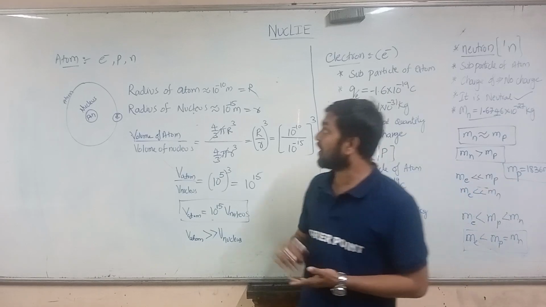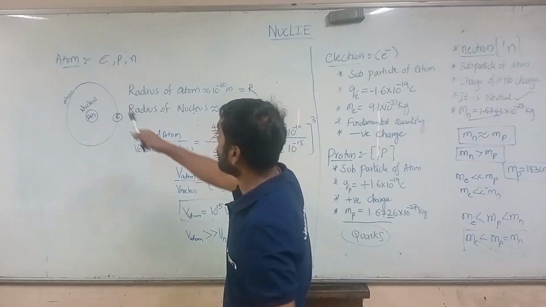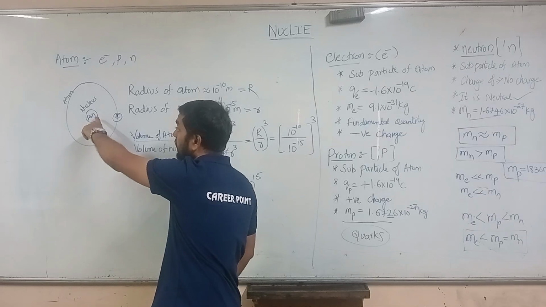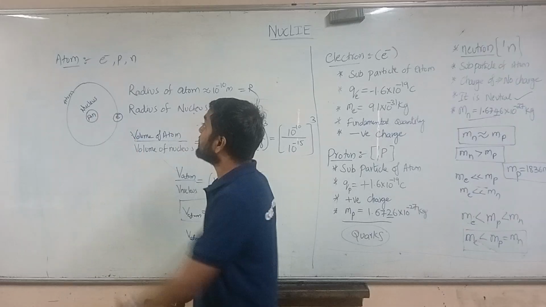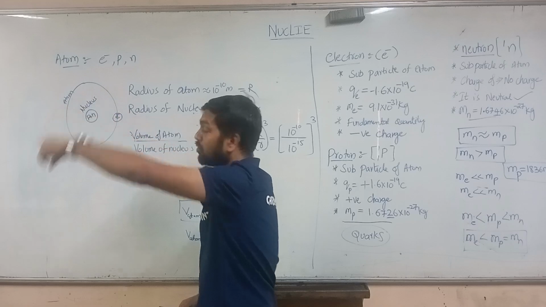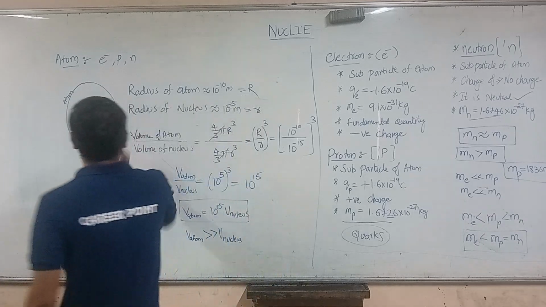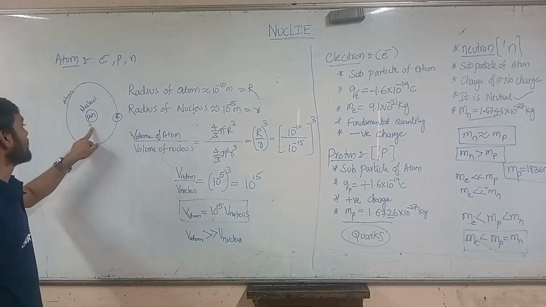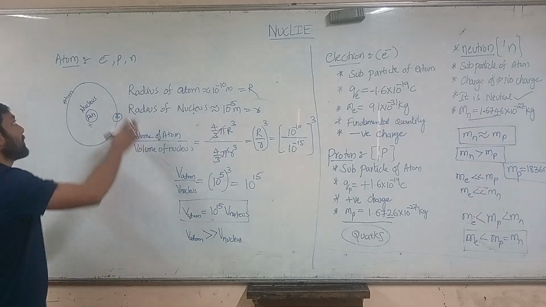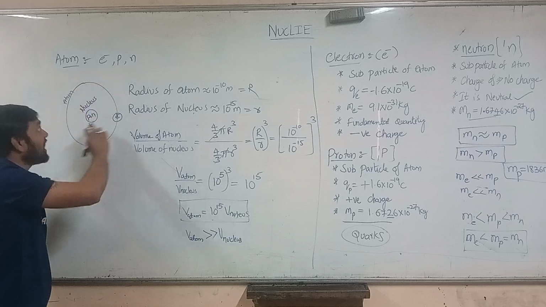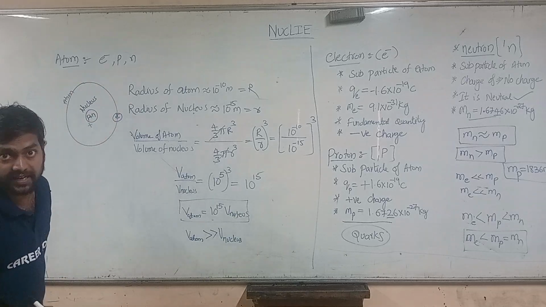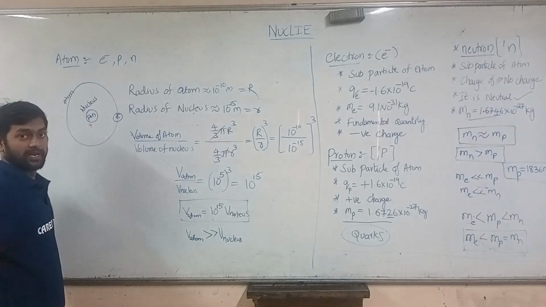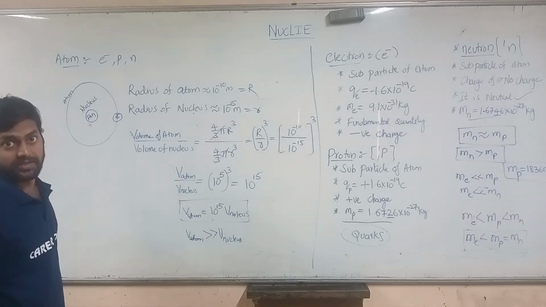We have discussed that an atom consists of electrons, protons and neutrons, and the nucleus consists of protons and neutrons, and the electron revolves around the nucleus. The electron is negatively charged and the proton is positively charged. The mass of the atom is concentrated in the nucleus.